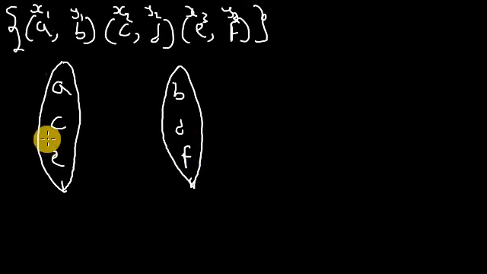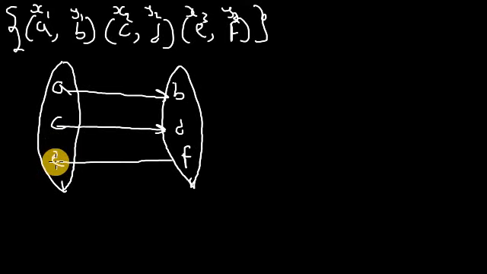Now the next step is to begin mapping those inputs to the outputs respectively. So over here, A is mapped or related to B, C is mapped to D, and E is mapped to F. And this is the arrow representation of the particular relation.